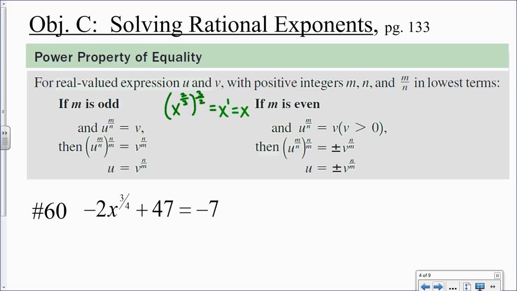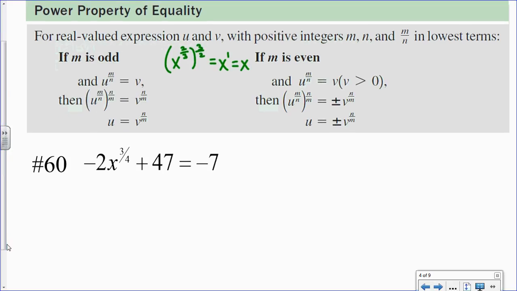So if I look at number 60, and it's 3/4. The reciprocal is 4/3. The bottom, the root, is odd, so I just have my one answer. Okay, so we want to get the x by itself. So subtract 47 from both sides.